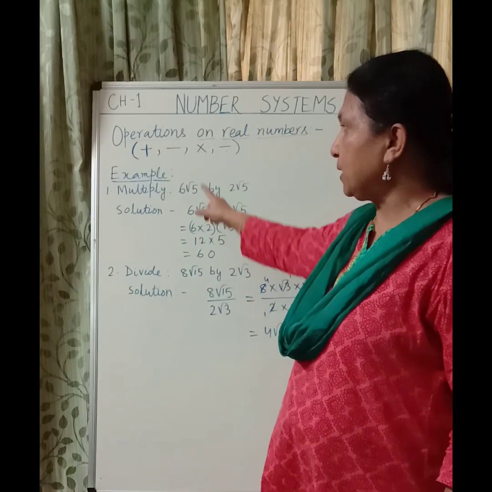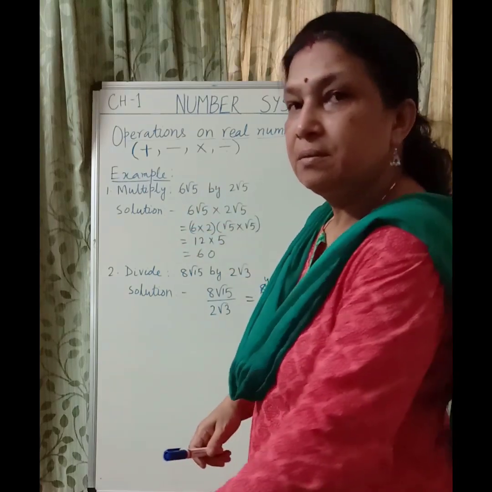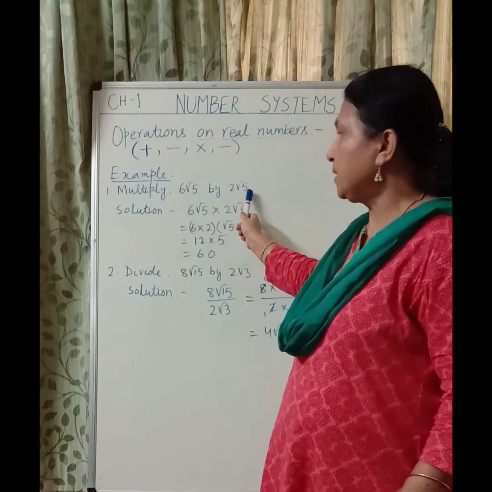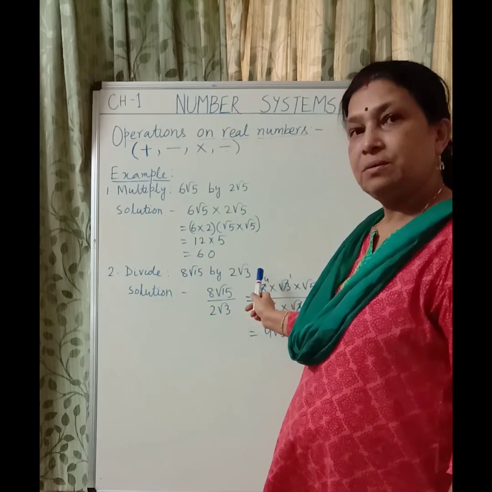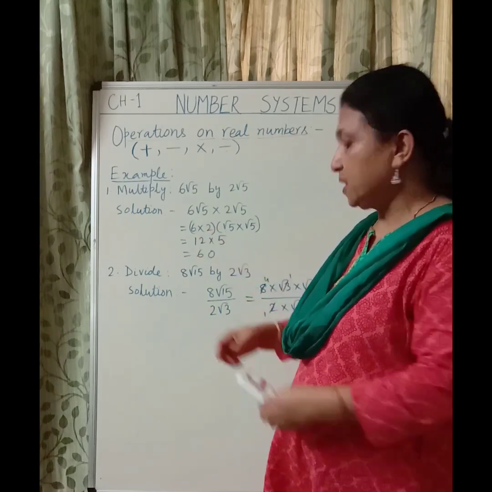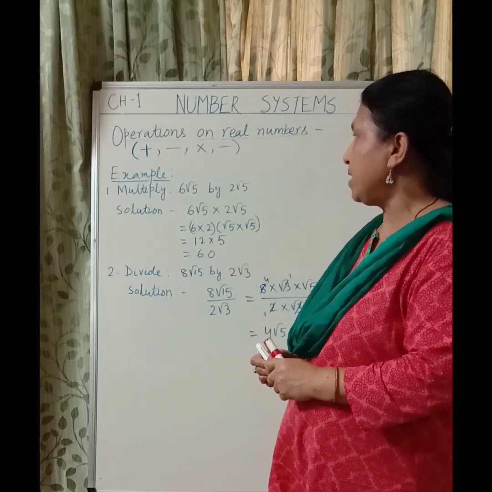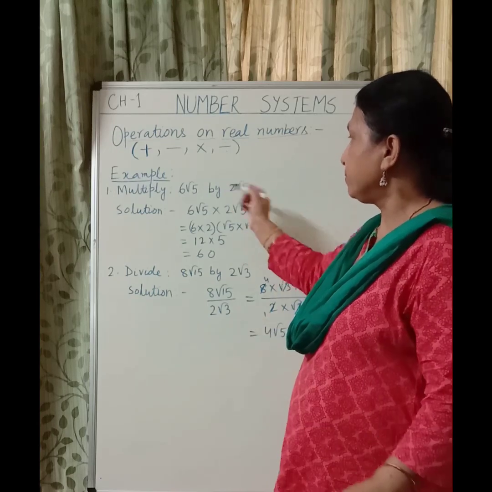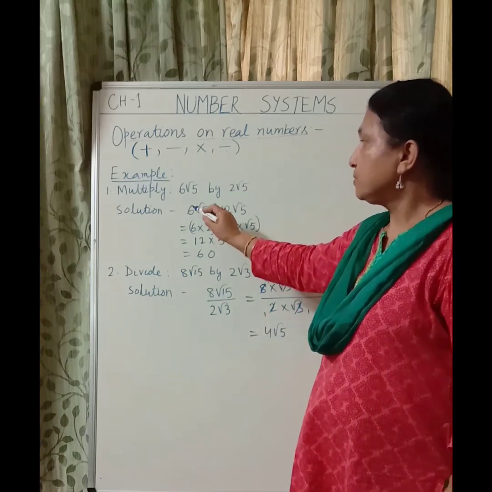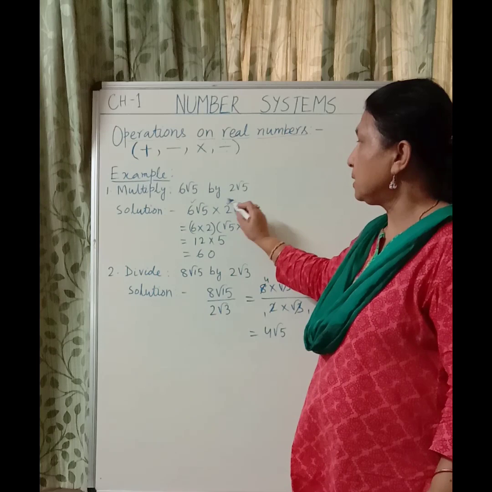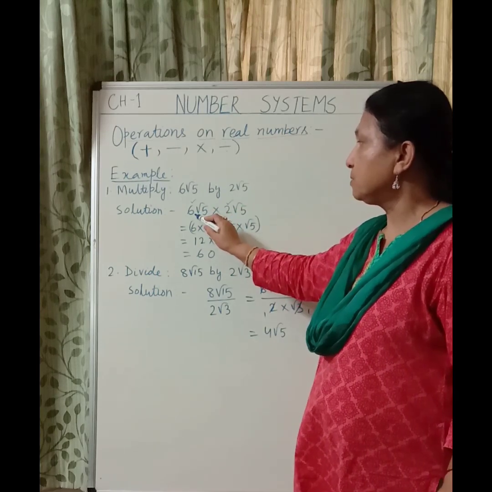Now, two more examples I have taken. One of multiplication, another of division. Here we have to multiply 6 root 5 by 2 root 5. 6 and 2 are rational numbers.